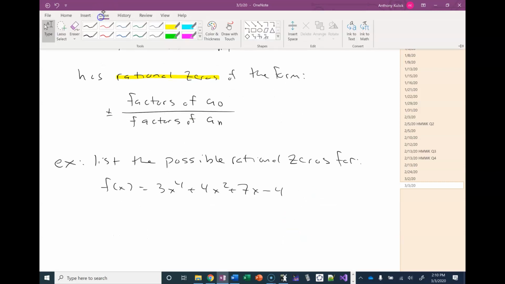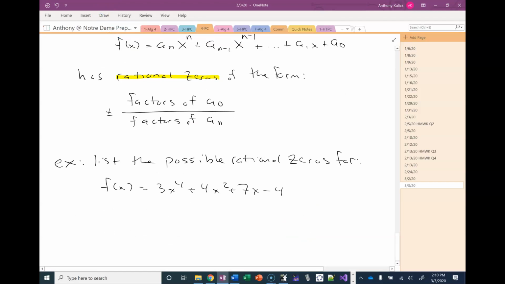So let's say we want to list the possible rational zeros for the function 3x to the 4th plus 4x squared plus 7x minus 4. To do this, I need to determine the factors of the constant term.